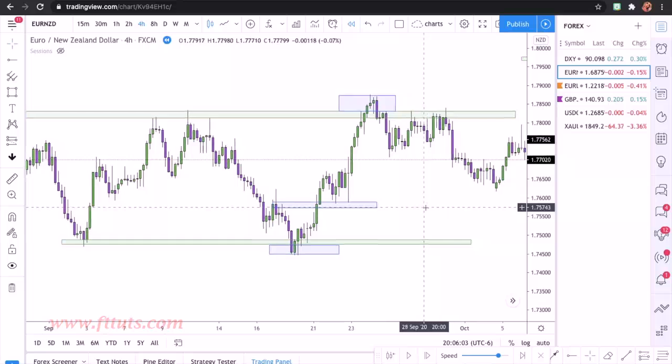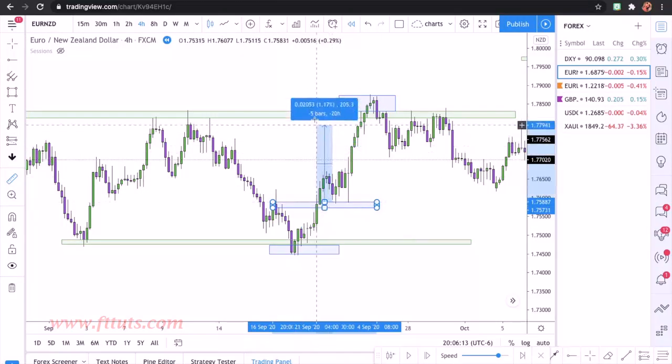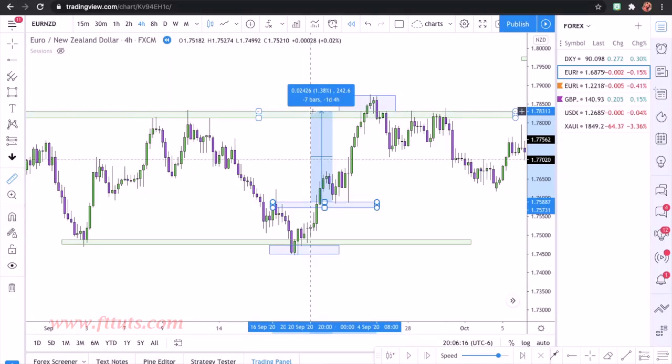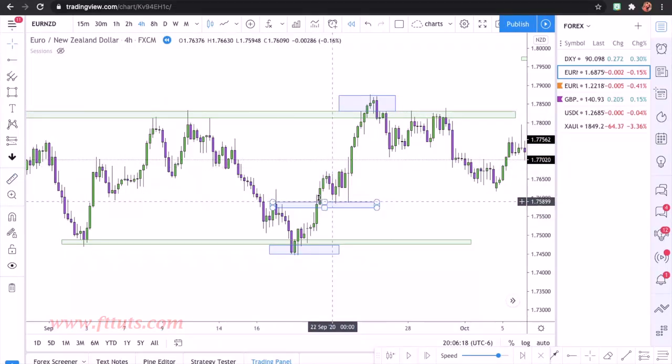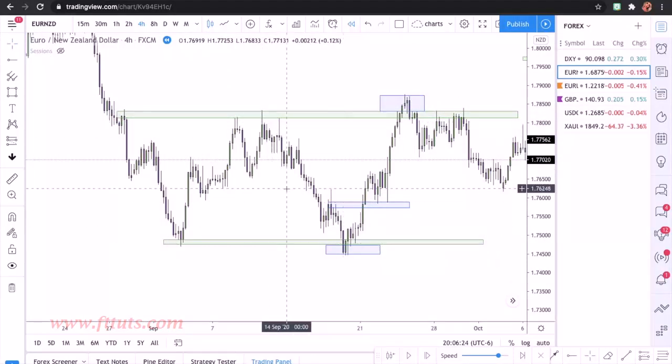Minor structures are good too, in the sense that if you miss that initial buy, you can get on the retest, but you always have to measure how many pips it's going to be to the target, which is a lot in this example. But if it's like 50 pips, you want to wait until it gets to that specific structure. You don't want to just enter in the middle of nowhere. That is the biggest thing.